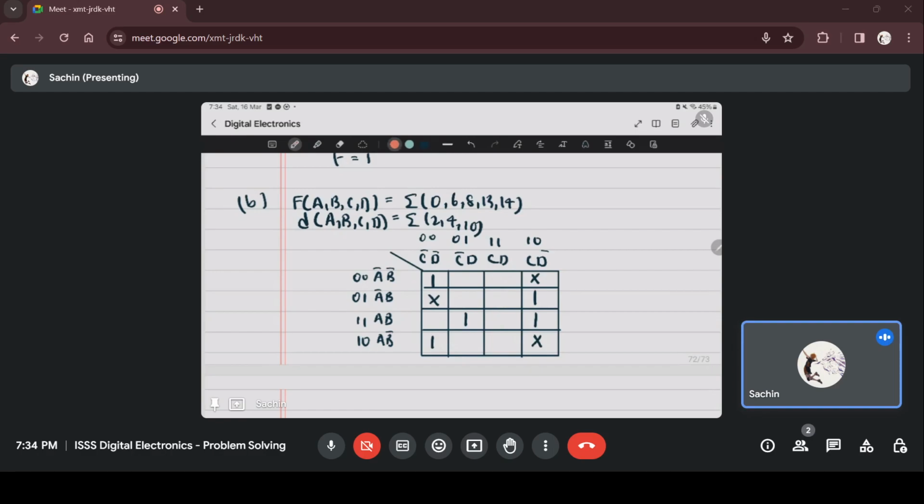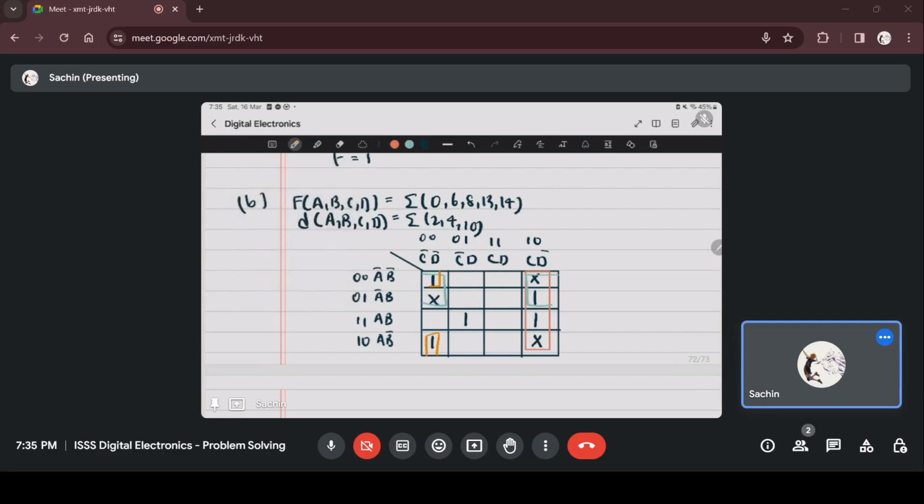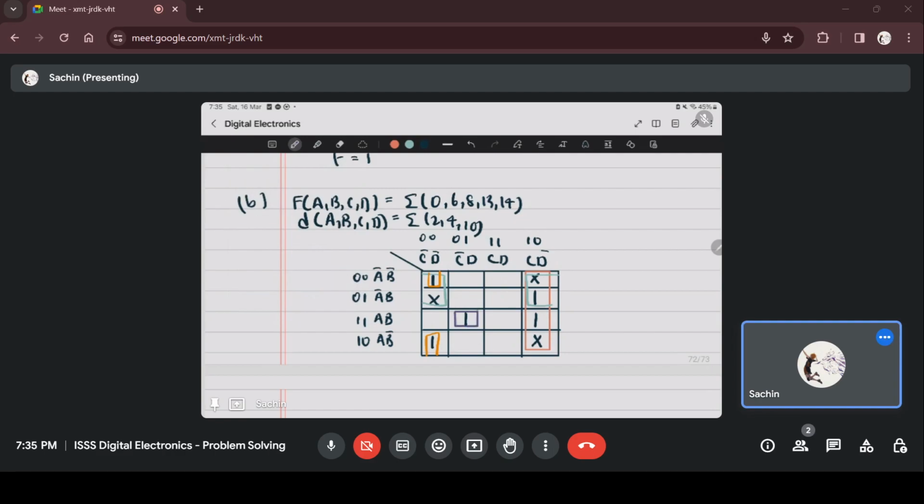So that will let you form a quad, another quad, a pair, and this term is left as is.